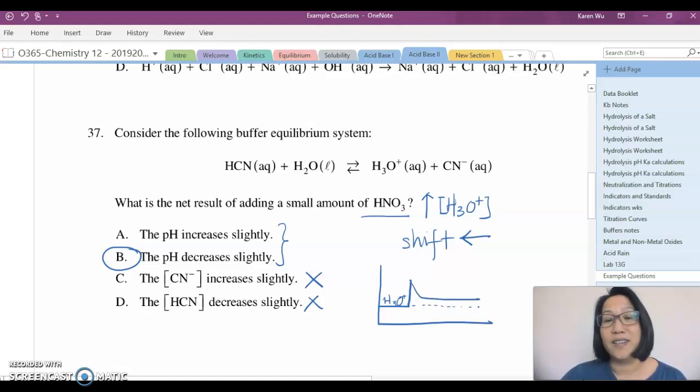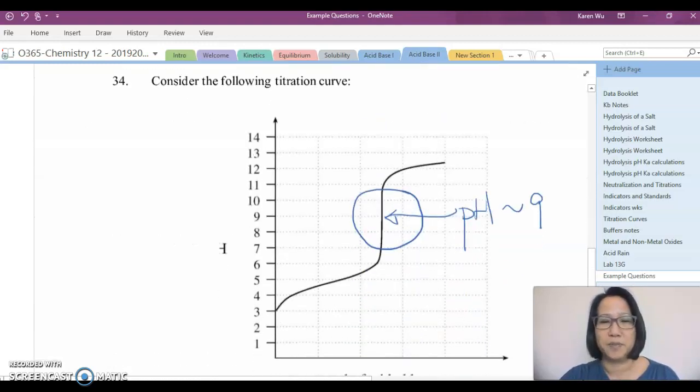So then the net effect at the end of all of this is ever so slightly an increase of hydronium. And so increasing the concentration of hydronium brings our pH down, right? So that's why the answer is B. pH goes down just so slightly due to the hydronium concentration being just a little bit higher than where we had started. So that's our answer to 37, a buffer question.